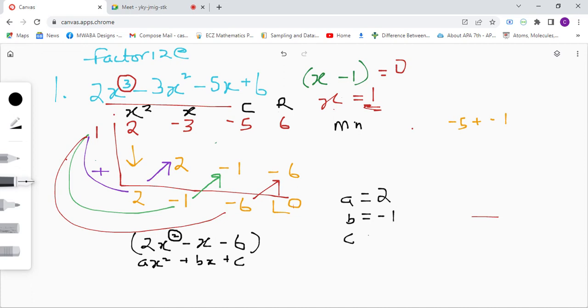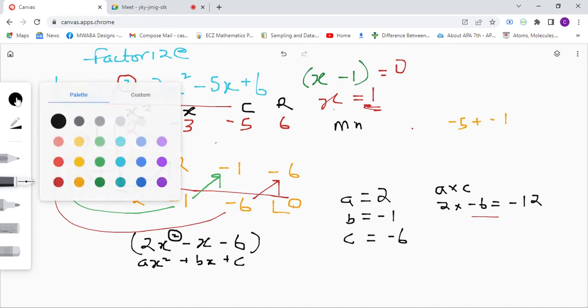And our c, our constant, is negative 6. So the first step, we say a times c, that is 2 times negative 6, and we get negative 12.